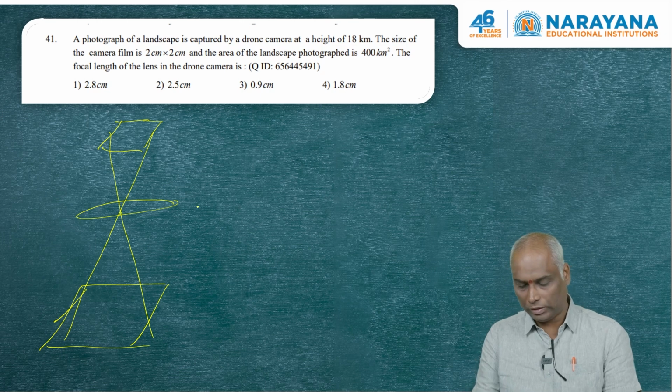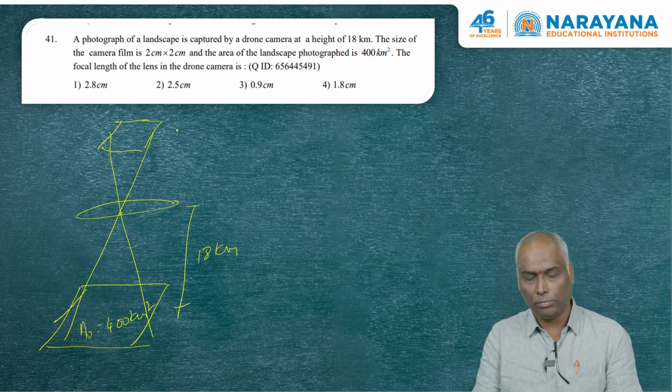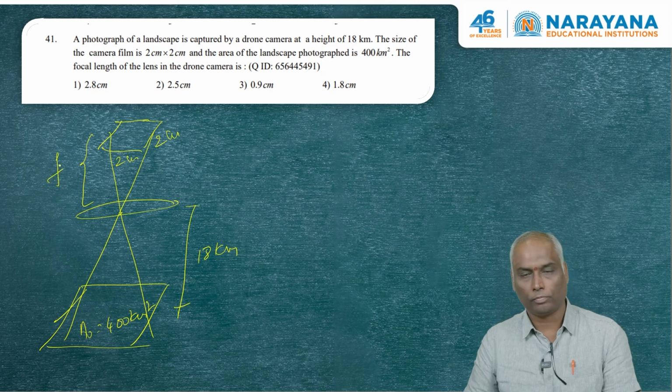It's given that the distance of this drone camera from this surface is 18 kilometers. The area of this object is given, which is equal to 400 kilometers square, whereas the area of the film is given as 2 centimeter by 2 centimeter. This distance we can take as the focal length.